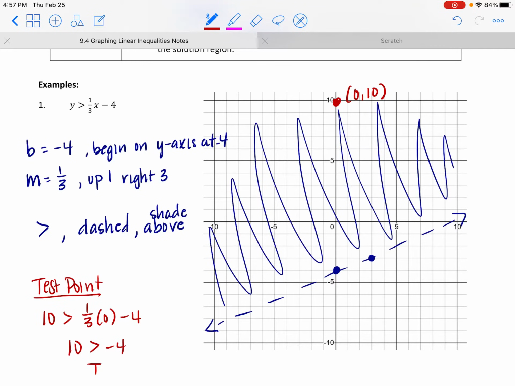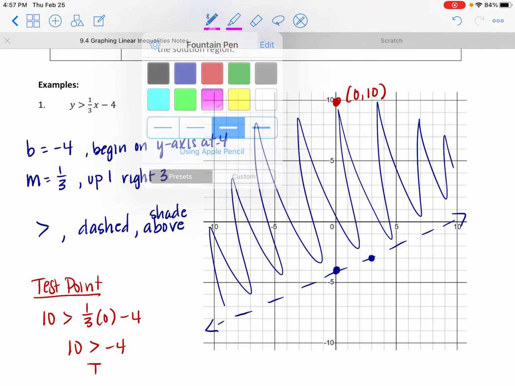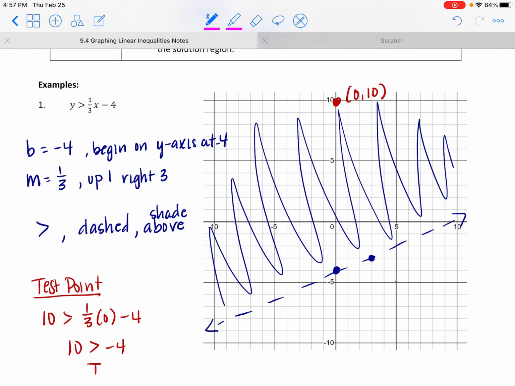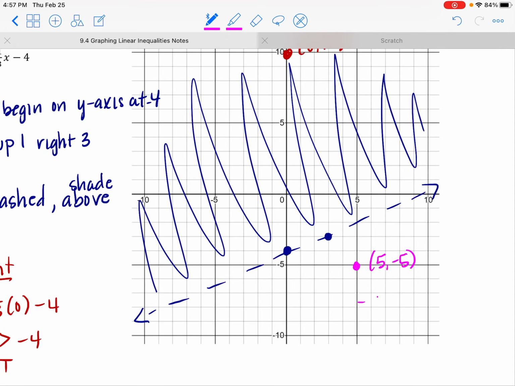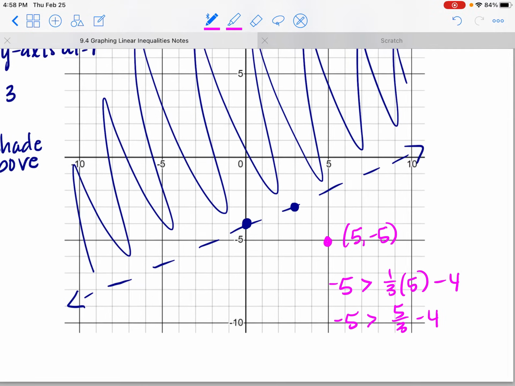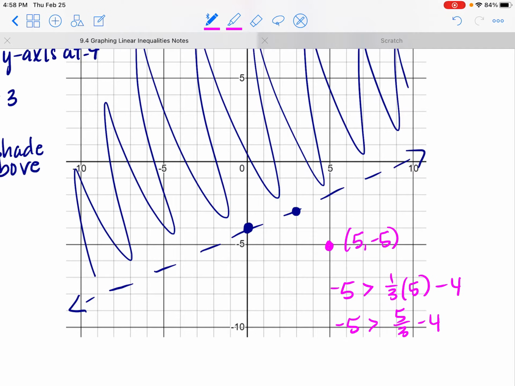And the opposite will happen if you pick something over here that's not in your solution region. So for example, 5, -5, not in the solution region. That should make a false statement when you plug it in. So if you put -5 in, -5 greater than 1/3 times 5 minus 4, so -5 would be greater than 5/3 minus 4. 5/3 minus 4, I'd have to get common denominators.